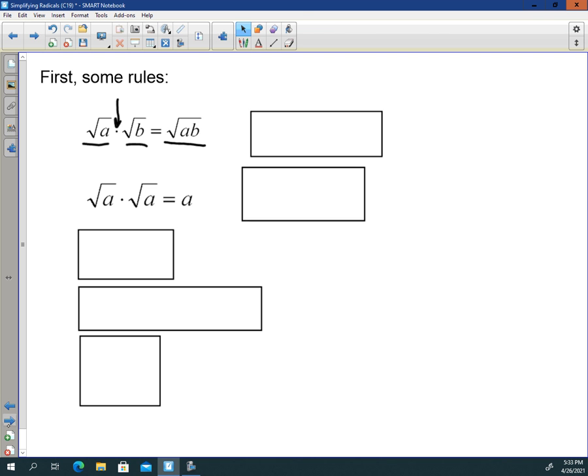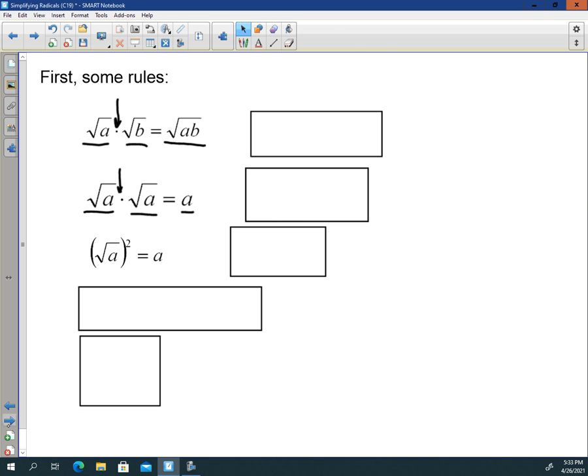Rule number two is if you take the square root of a number times the square root of the same number, you get that number back. That's important to know. Another thing that we've already talked about in this class is if you take the square root of some number and you square it, you get that number back.